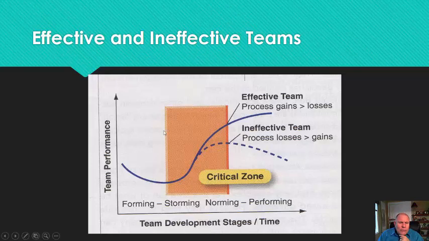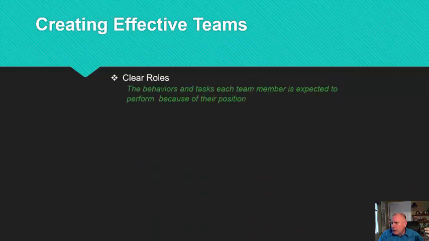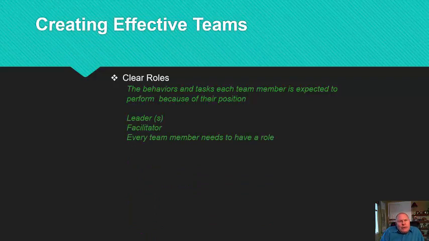Now, when you're going to create effective teams, the first thing you need is clear roles. Okay. The behaviors and tasks that each member is expected to perform because of their position. We need a leader. There's a facilitator who's focused on process, and every team member needs to have a role, which the team decides.